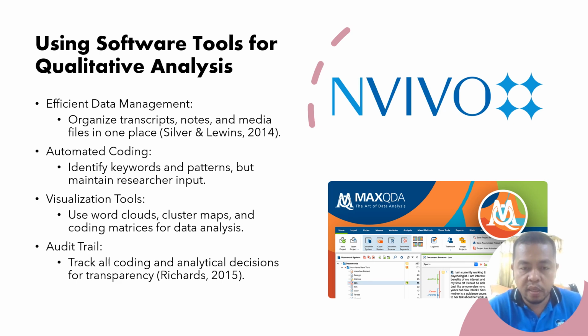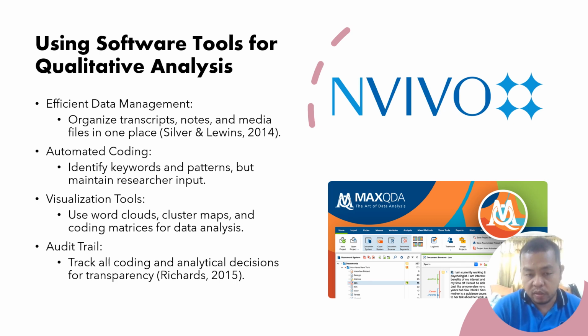You have MAXQDA. But what are the benefits of using these software tools? First, it helps you to efficiently manage your data. It organizes transcripts, notes, and media files in one place, and you can just ask, and then it automates coding.